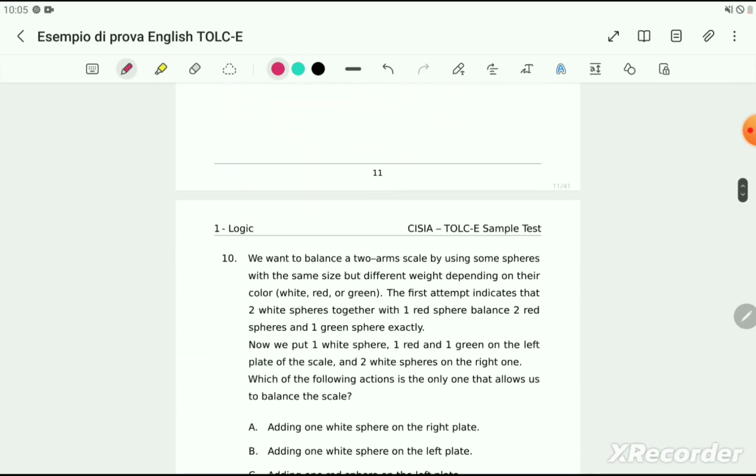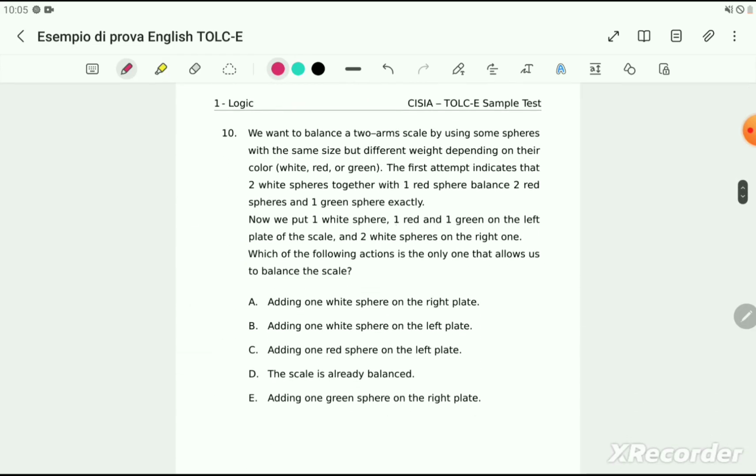Let's move on to the next question. Okay, so let's read it out. We want to balance a two-arm scale by using some spheres. So we know the spheres are actually circular three-dimensional objects, and a two-arm scale is a kind of scale that does not exist these days.